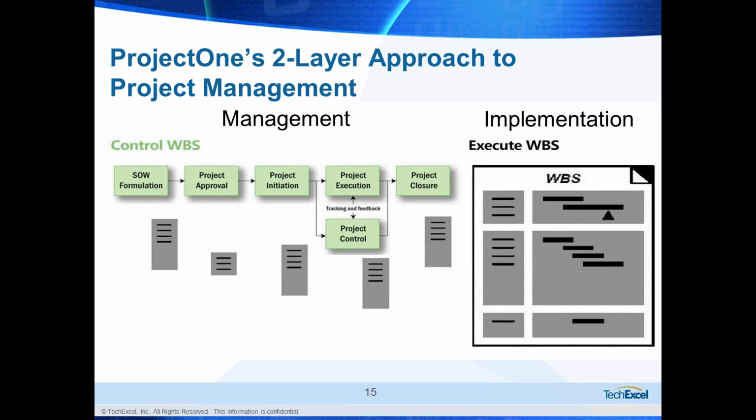The implementation level is generally covered within DevSuite or ServiceWise now, and that would be the project tracking of the actual tasks that are part of that work breakdown structure. What Project One does is add an additional higher level layer that allows you to manage tasks at a high level for those projects.